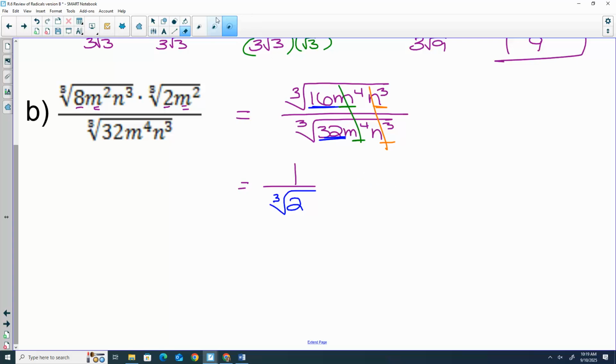So now get our radical off the bottom. And you take 2 times something that is a perfect cube. So 2 times 2 would give us 4. That's a perfect square.